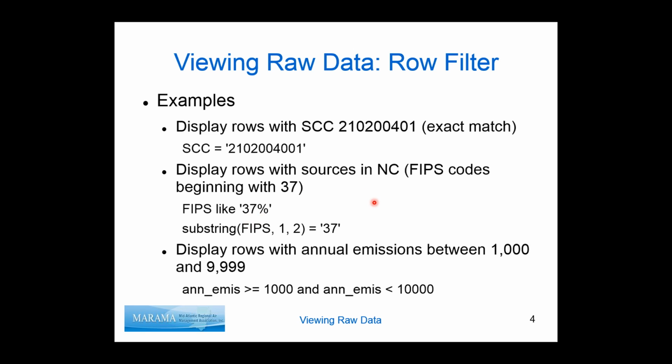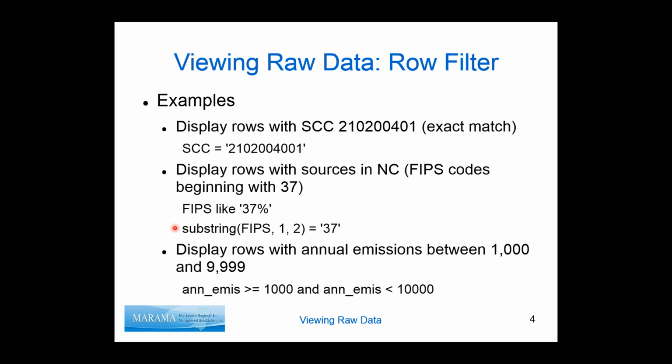Now, one thing that's possibly confusing is there are multiple ways to achieve the same outcome. I just mentioned this FIPS like 37. Well, another way that we can do it is by creating a substring of the FIPS, and then we can do an exact match, because we know that we want it to exactly match 37. So this second line where it says substring, that's an alternative to using the FIPS like.